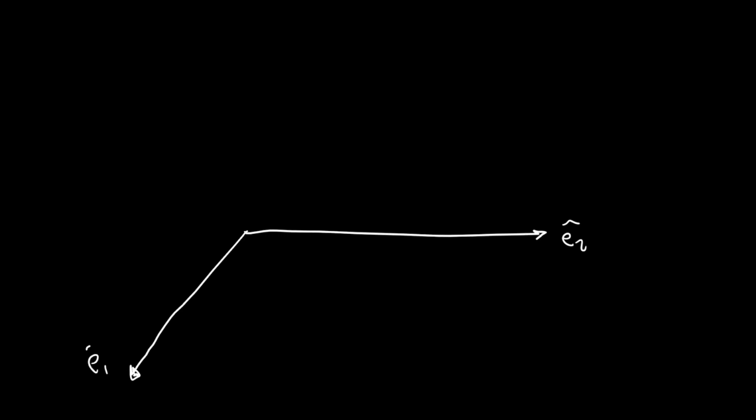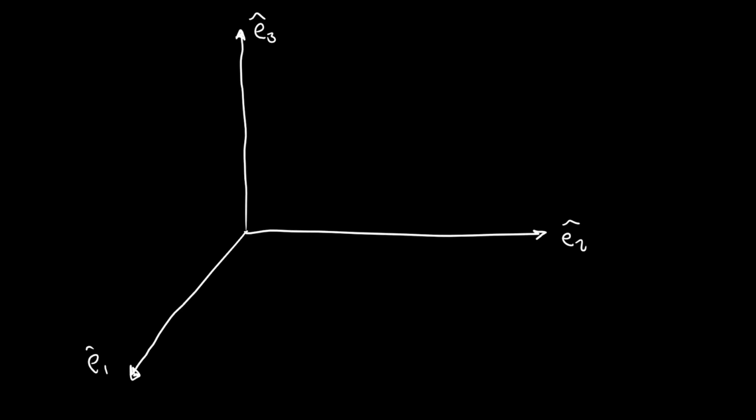So I just want to do a quick example of this, specifically with angular momentum. I'm going to draw my axes here. We'll say this is E2, this direction is E1, and this direction is E3.